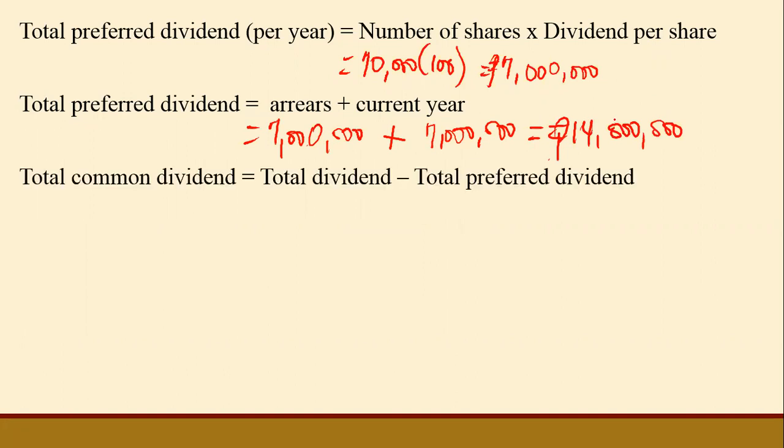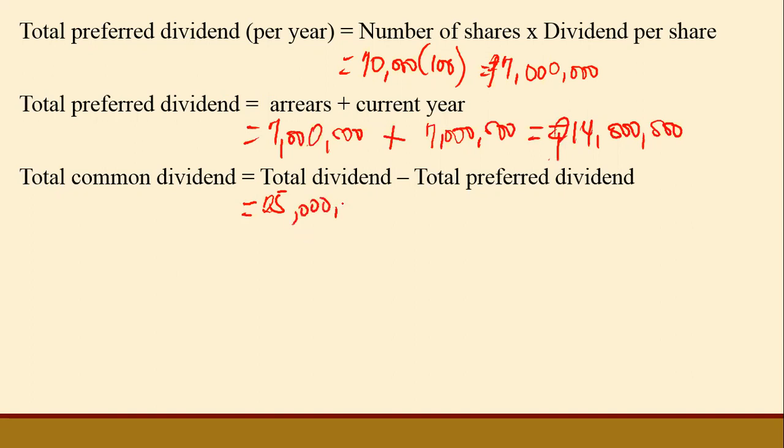And the total common dividend, that is equal to the difference between the total dividend and the total preferred dividend. So this is now equal to, so yung 25 million natin, okay, 25 million na na-declare na dividend this year, di ba?